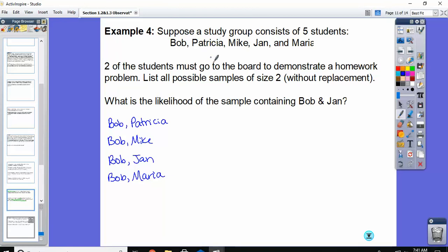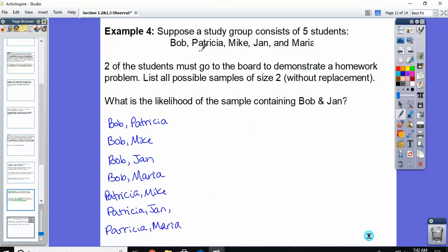We've already done Bob and Patricia, but we could do Patricia and Mike, Patricia and Jan, Patricia and Maria.